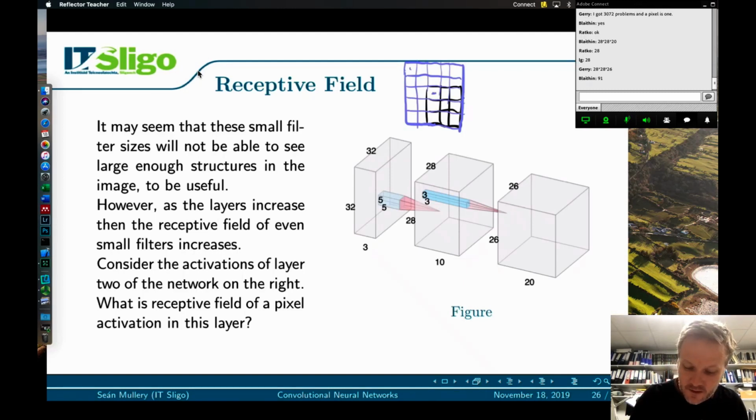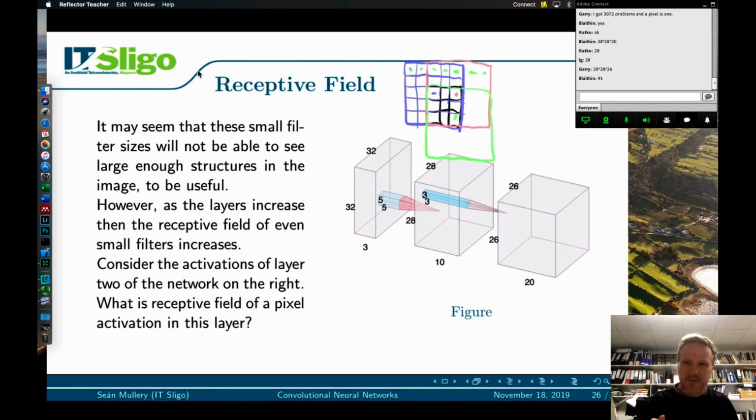If we then take, we'll do a red one here, this pixel here would have seen everything going out to there. And if we take some other color, say a green, this one would have seen everything going down to there, and so on. So what is the receptive field that it's seeing here? Well, what it's seeing is 1, 2, 3, 4, 5, 6, and 7. So it's going to see a 7x7, because we've gone back through a 3x3 and then a 5x5. So we can actually calculate the receptive field in that way.